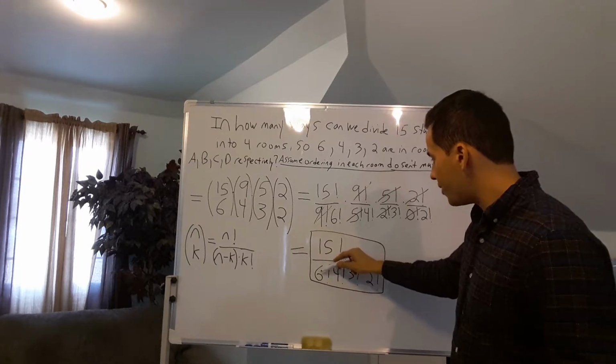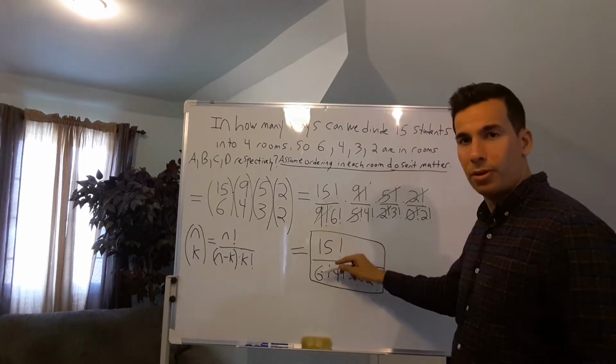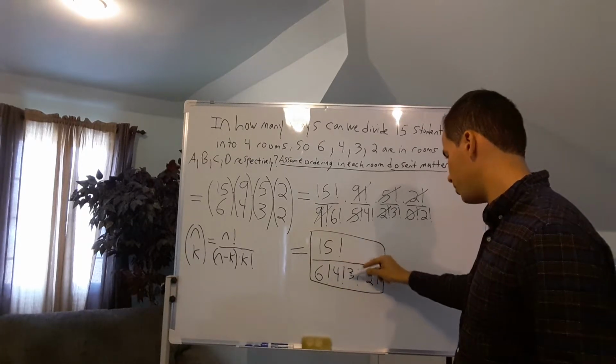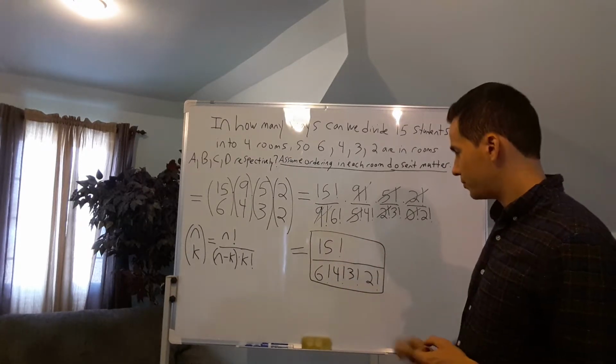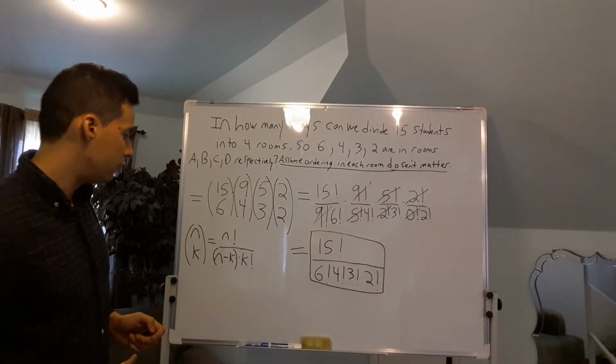Then you divide by the product of the individual number of people that you're putting in each group, each with factorial. This is actually called the multinomial coefficient.